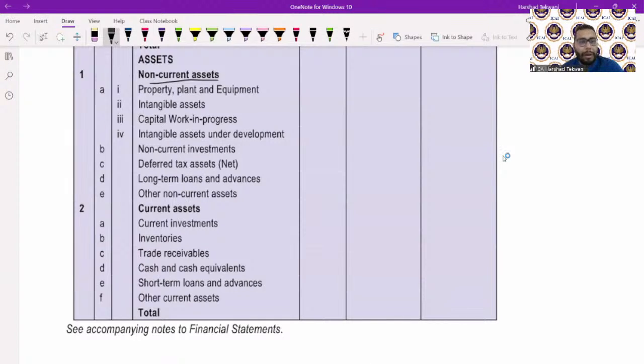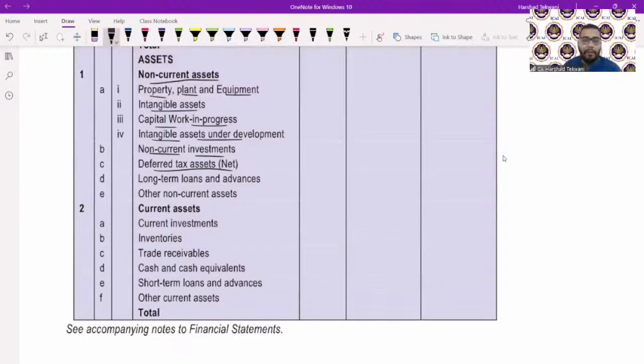The nomenclature earlier from fixed asset has been shifted to plant, property, and equipment. Intangible assets, capital work in progress, intangible under development. Same way, for tangible you have capital work in progress. For intangible you have intangible under development. Non-current investments, deferred tax assets.